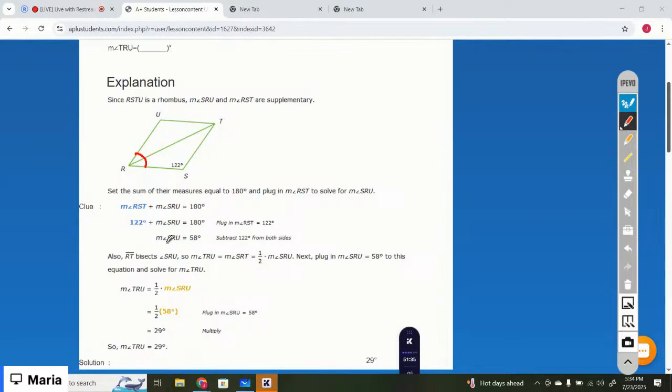So the measure of angle SRU is 58 degrees. Also RT bisects SRU. So the measure of angle SRT is 1/2 times the measure of angle SRU. So 1/2 times 58 degrees equals 29 degrees.